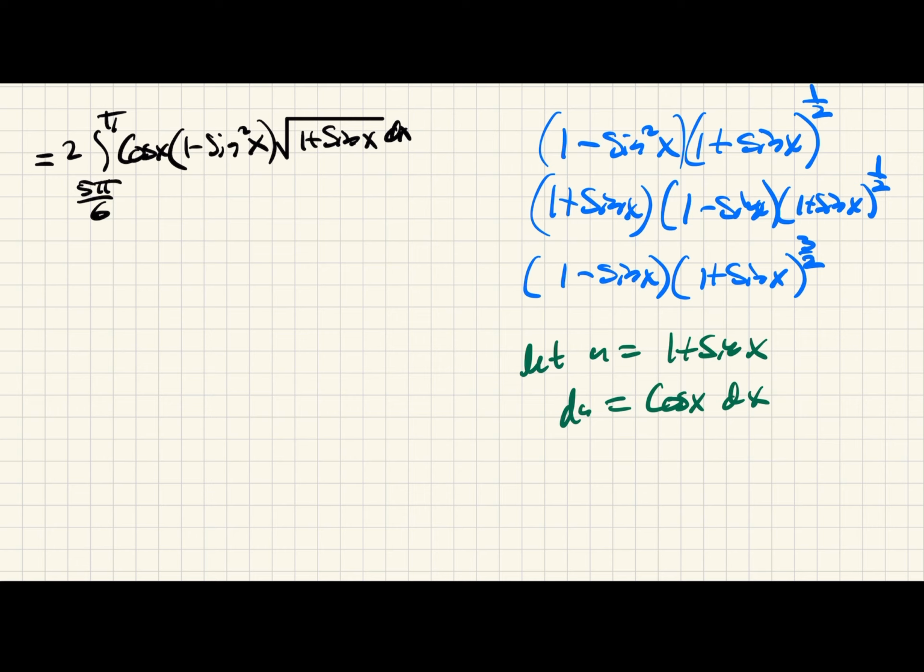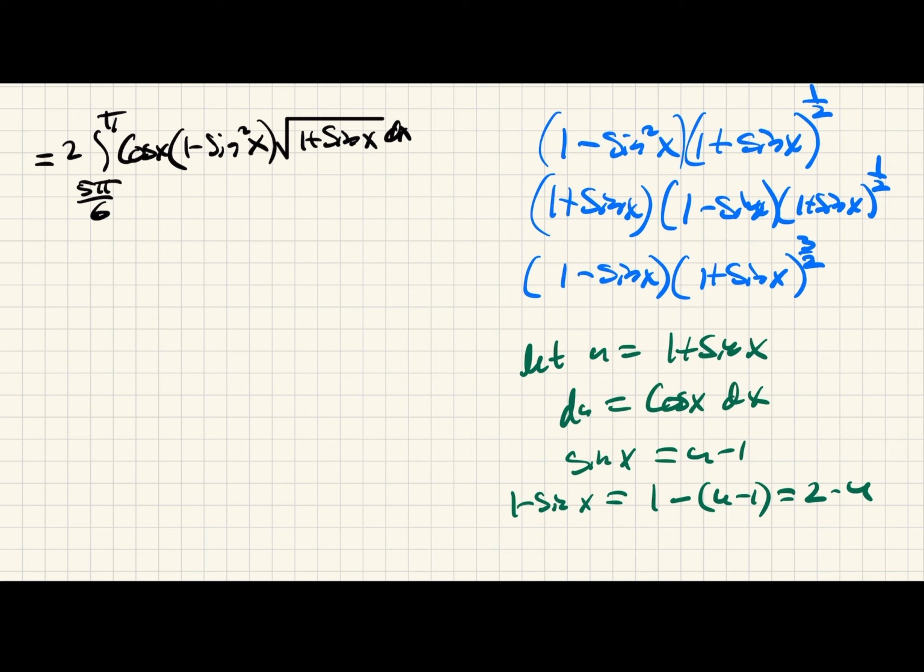You can just solve u equals 1 plus sine x for sine x. So we have sine x equals u minus 1. You just sub that in, so 1 minus sine x would be 1 minus (u minus 1), which is 2 minus u.